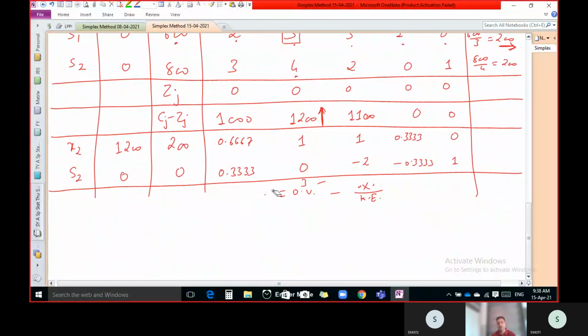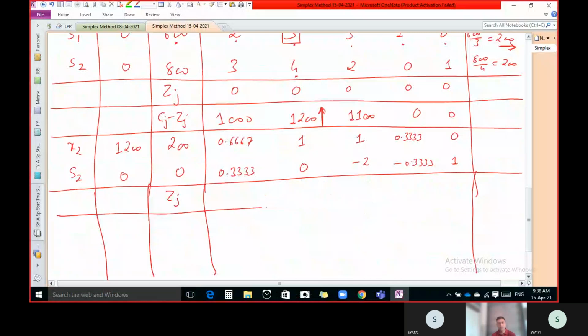Now what we will do? Calculate value of Zj. How to calculate Zj? There is a simple formula to calculate Zj. This value with CB means this value. Don't take XB, this value. So now 1200 into 0.666666.